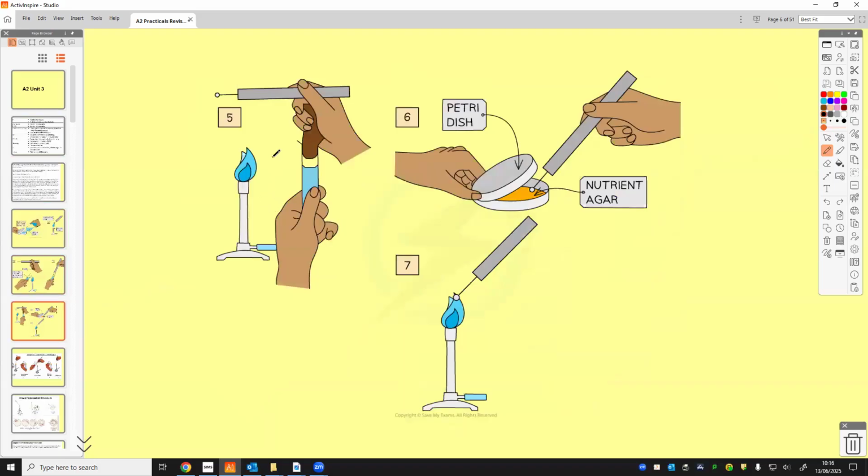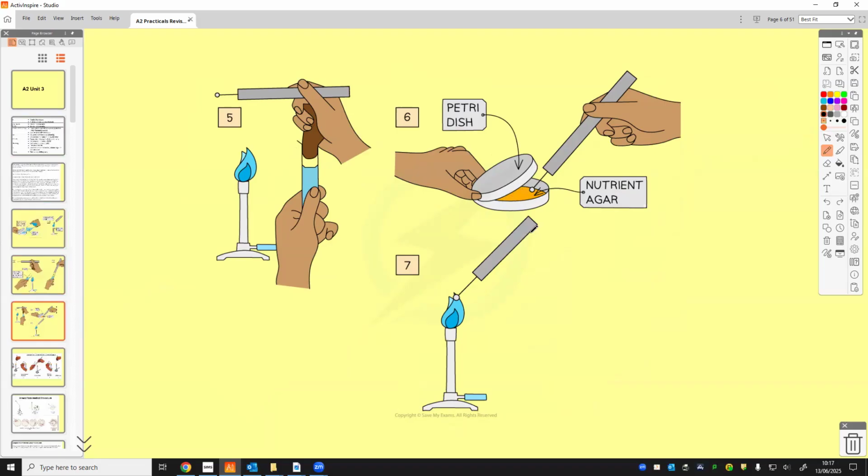Then you would flame, it's not shown here, but you would flame the top of the test tube again, place your lid back on, open your Petri dish again at an angle, and you scrape on your bacteria onto the agar. Okay, and that's your sample of bacteria on the food substance or on the agar plate.